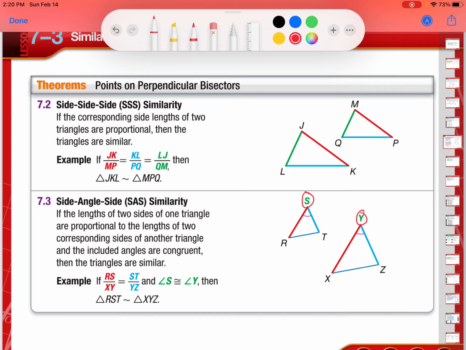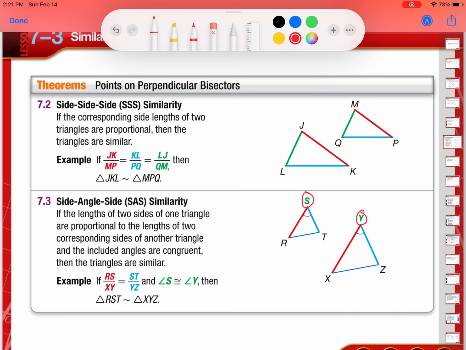So what we should recognize is that these theorems and postulates are very similar to the ones we went over in chapter 4, I believe 4.6, 4.7, 4.8, and they are true for congruent in that if they are the same, then the two triangles are congruent.